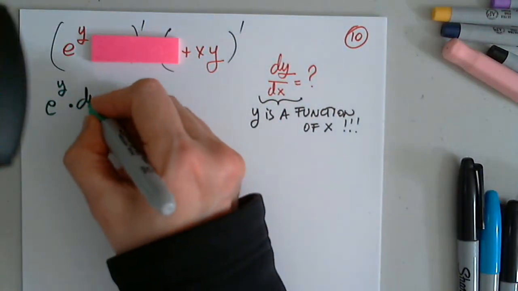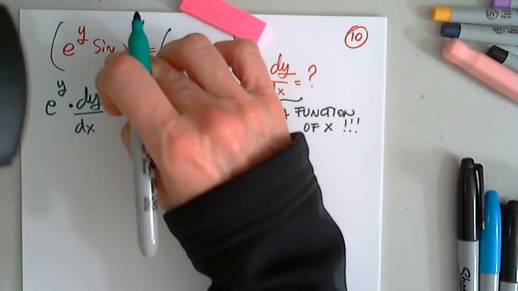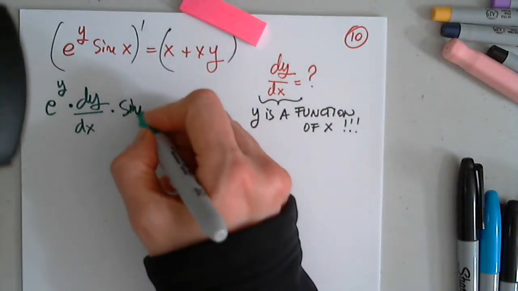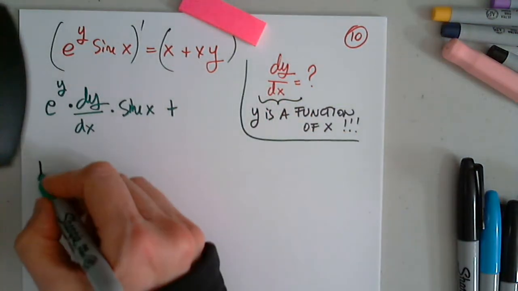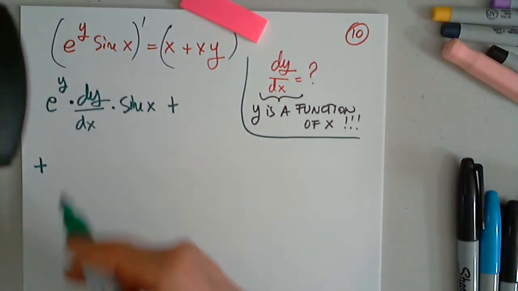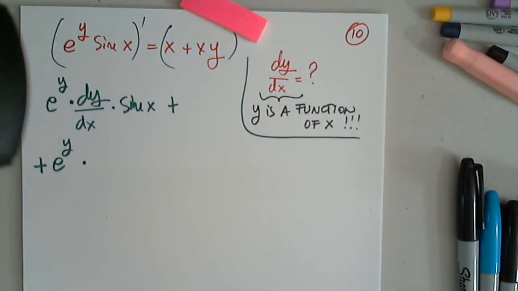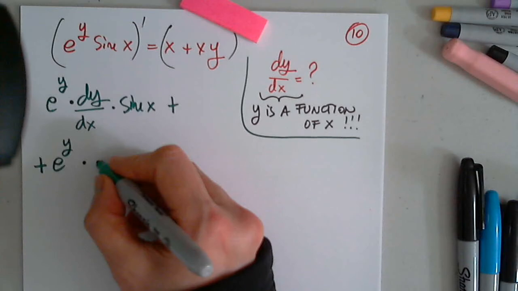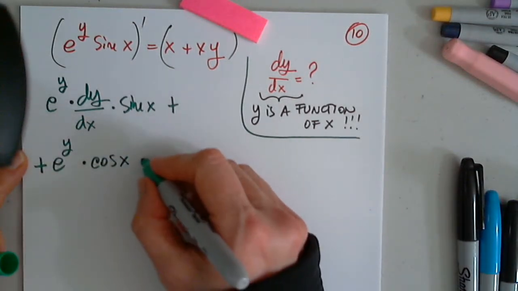Very good. Okay. Multiplied by the first function plus, I continue here, plus e to the y times cosine x, very good, equals.